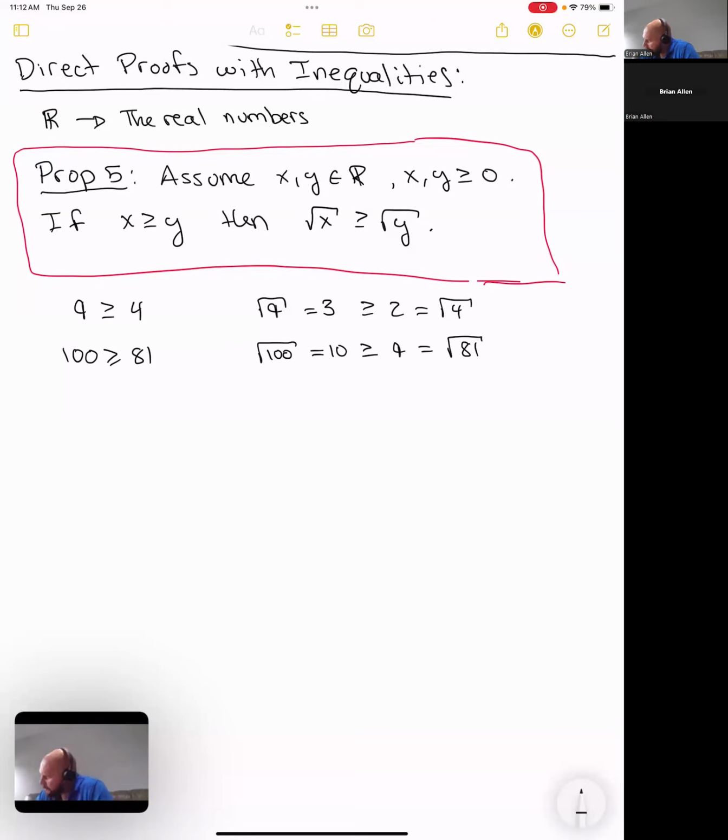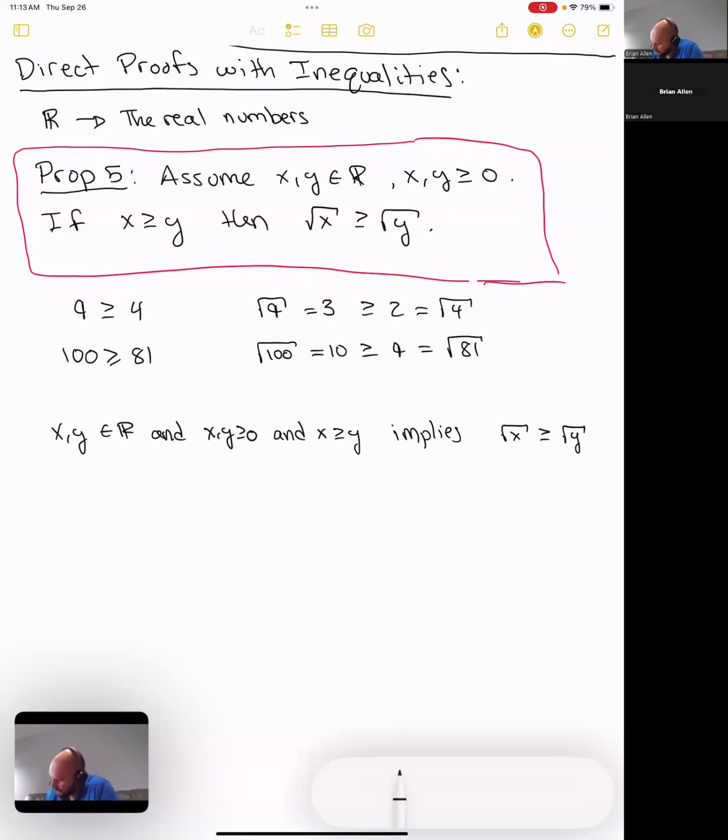Just to practice the logical structure here, I could rewrite the proposition this way: x, y are real numbers and x and y are non-negative and x is bigger than y implies that the square root of x is bigger than the square root of y.